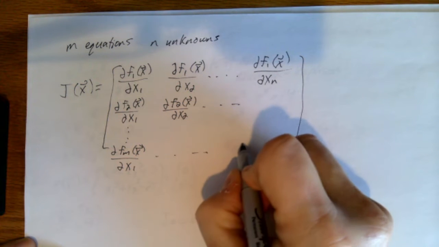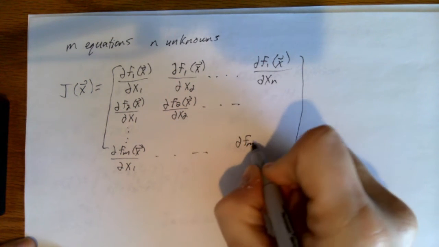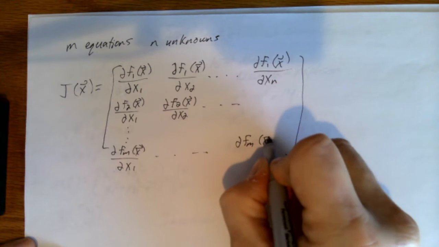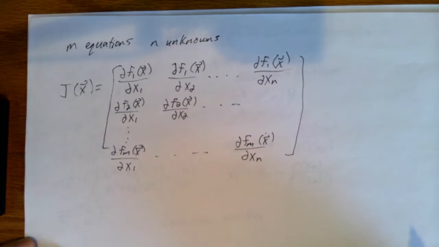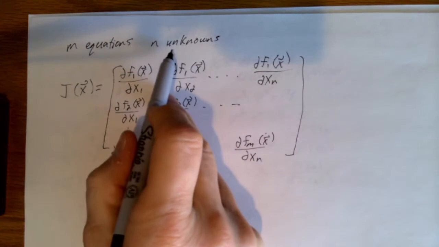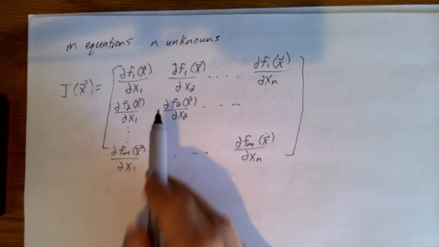Work our way over, and so this will be the partial derivative of f sub m with respect to variable x sub n. So that's the Jacobian matrix. For our example, m and n will be equal, but I'm simply pointing out to you that they don't have to be equal.